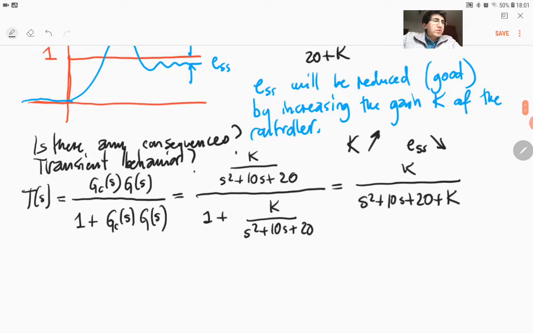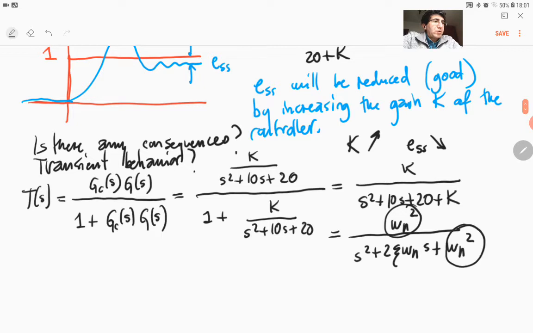Now in order to be able to analyze this, we have to make an assumption, because we have only studied the transient response of second order systems having the standard form. The standard form was omega n squared over s squared plus 2 psi omega n s plus omega n squared. In the standard form, you can see that you have this term equal to this term, but in this case, we have K in the numerator, but 20 plus K in the denominator.